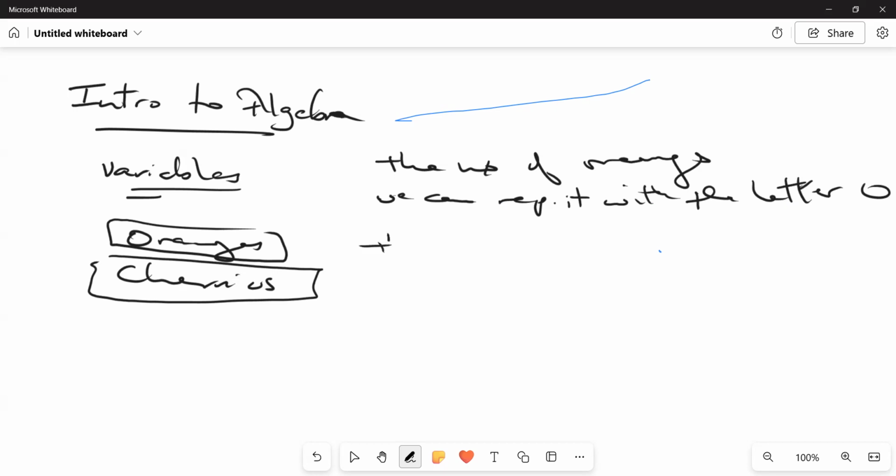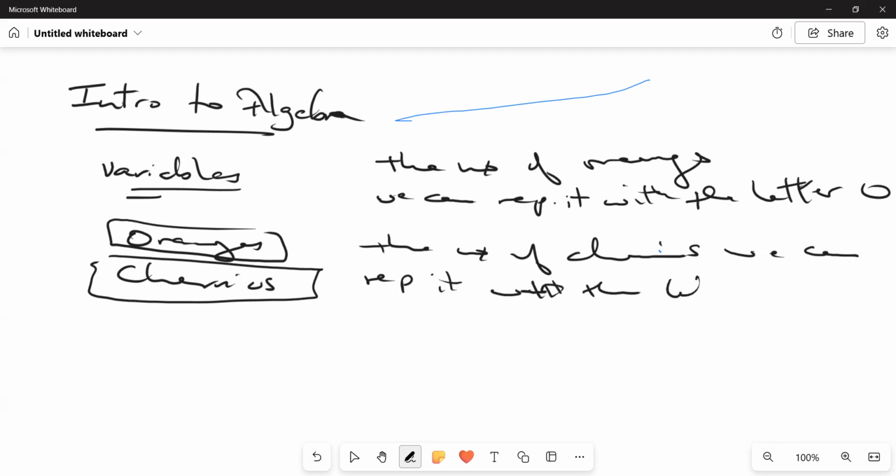Similarly, the number of cherries we can represent with the letter C, right?